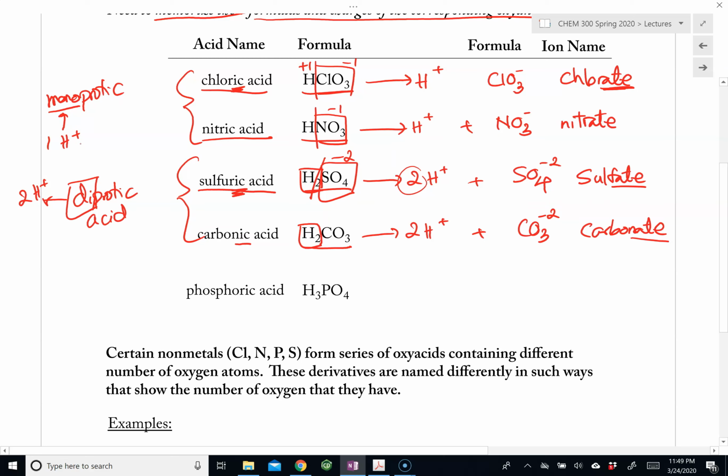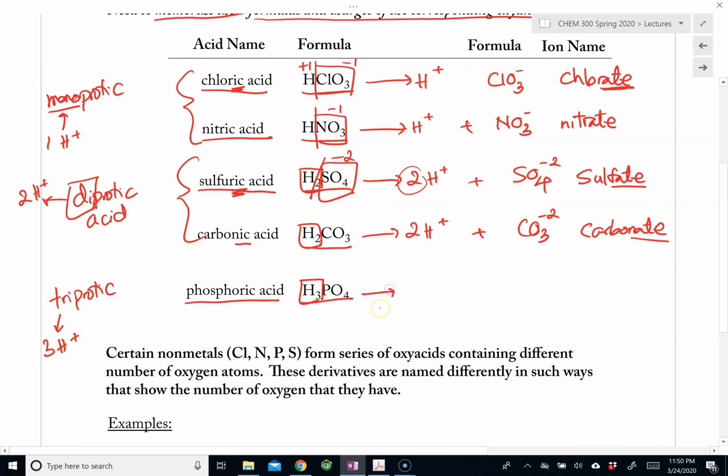Another oxy acid for us to remember is phosphoric acid. Phosphoric acid has the chemical formula H3PO4, and in this case it has up to 3 hydrogens, so we would call this a triprotic acid. One molecule of phosphoric acid can give up to 3 hydrogen ions.